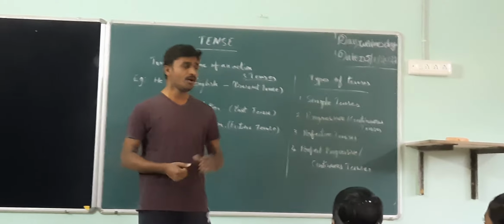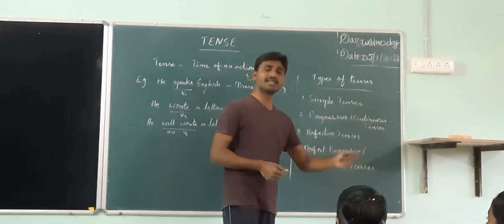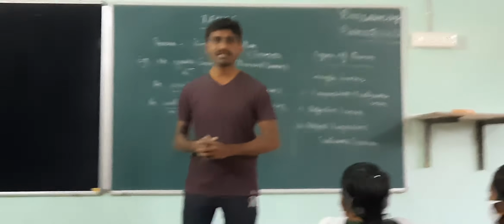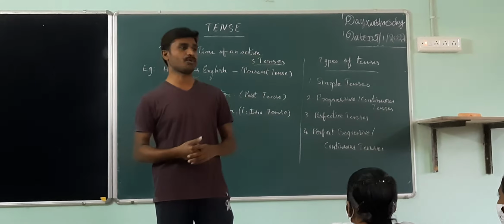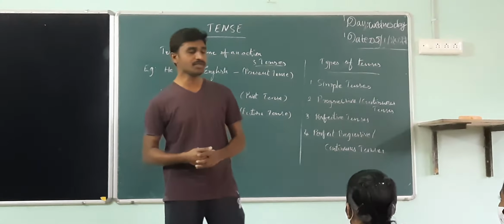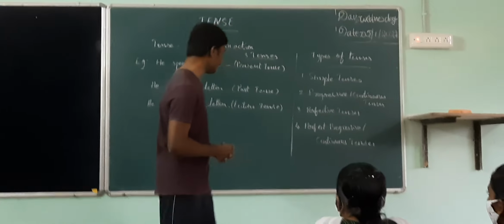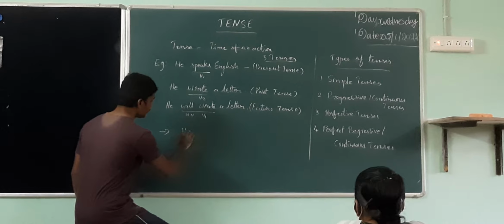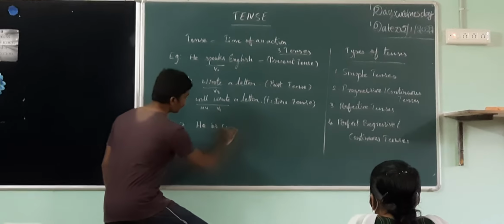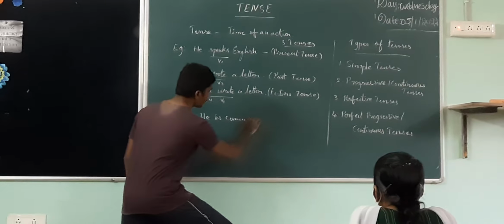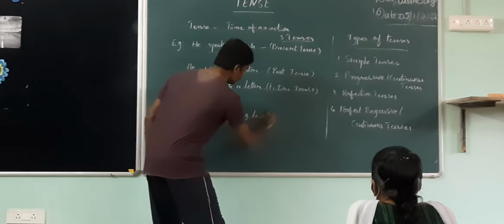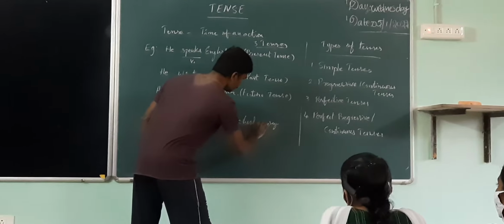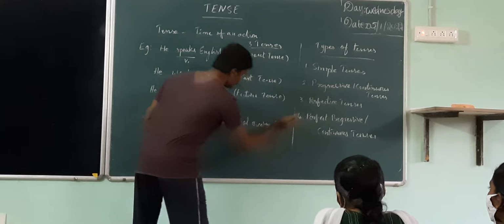One more thing here, when you take any type of sentence, if you want to rectify the sentence, how can you identify this? The time of an action is very important. The particular time. Suppose I say a particular sentence: he is coming to school every day.